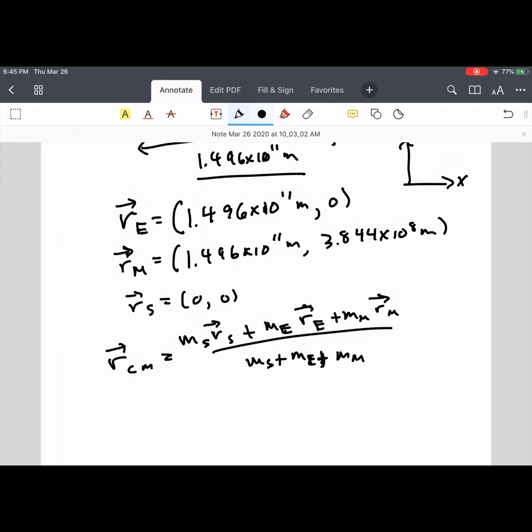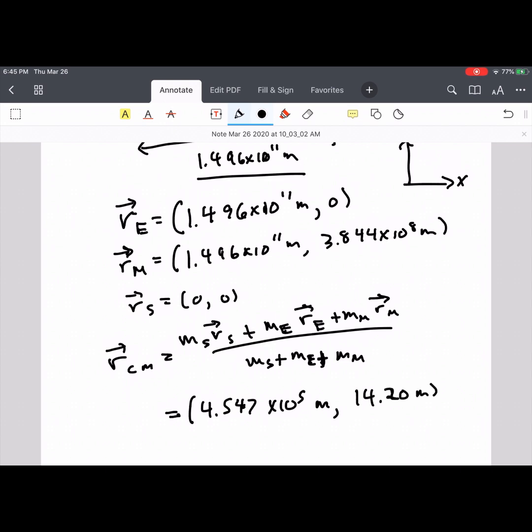And if you plug in some numbers, it turns out that the actual answer is 4.547 times 10 to the 5th meters, or about 454 kilometers, and 14.20 meters.